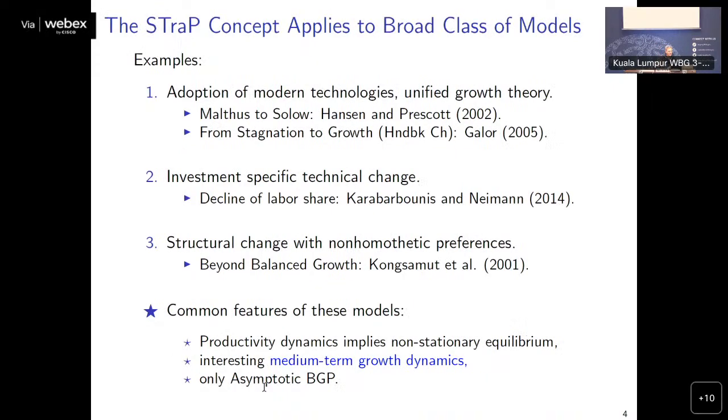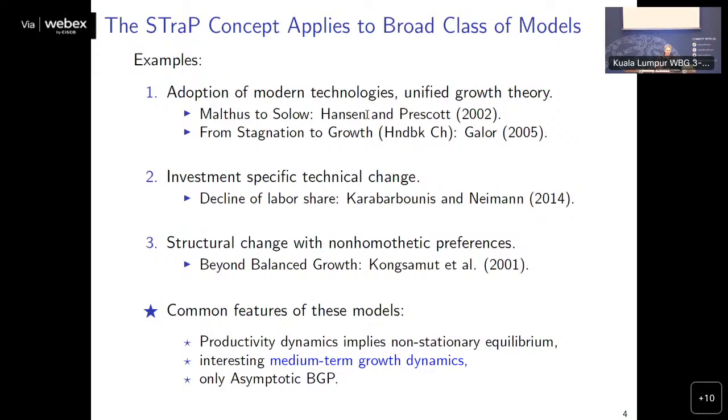All right. I mentioned that this technical concept is much broader than just structural transformation. We say this because these are well-known papers in the literature where you don't have balance, where you have transitional, medium-run dynamics that you'd like to be able to characterize. There's work on unified growth theory and moving from Malthusian economies to growth economies.